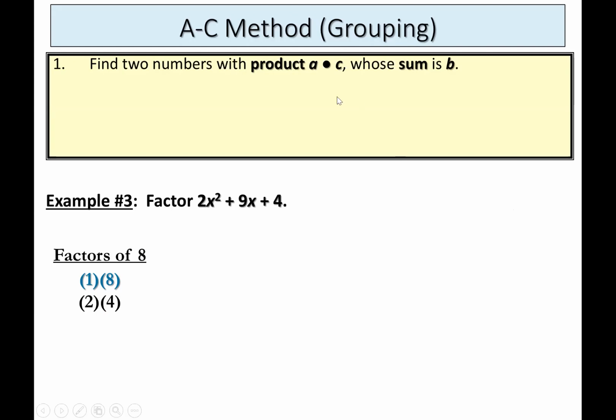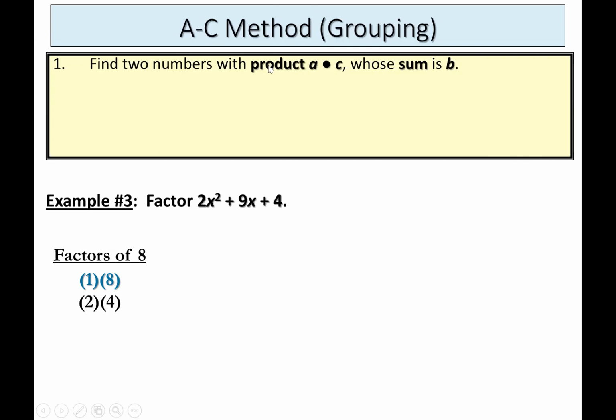So it's called the AC method because the first thing you do is multiply A times C. A is the first coefficient, C is the last term, the constant term. Once you multiply those together, what we're going to do is make a chart kind of like how we were doing in our previous lesson where we're coming up with numbers that multiply to this thing and add to this other thing.